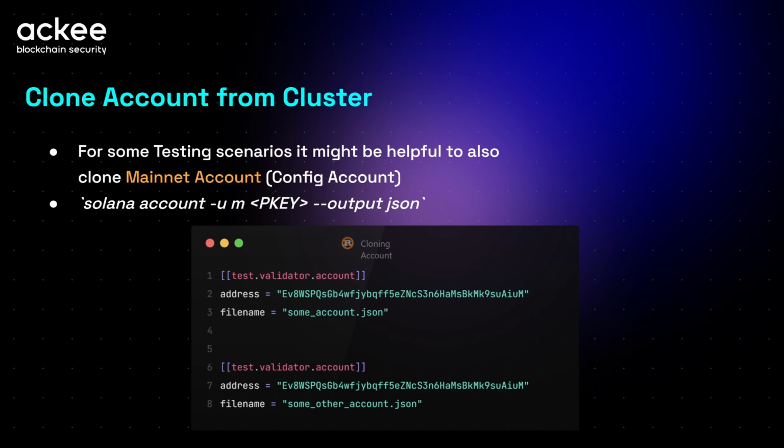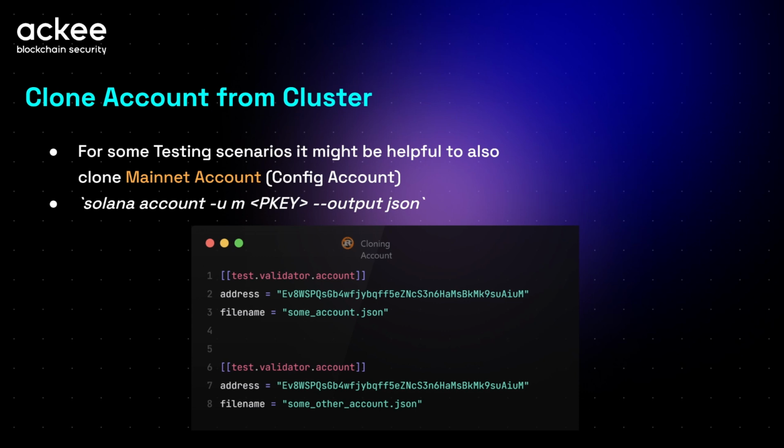The second thing I was talking about is cloning accounts from a cluster. Let's say you cloned some program from mainnet or devnet, but this program also needs, for example, a config account, because the logic of the cloned program needs to read some parameters for its functionality from the config account.